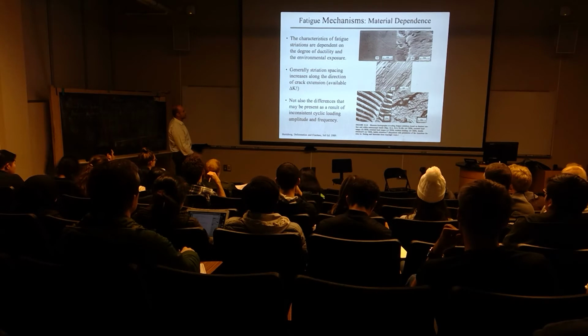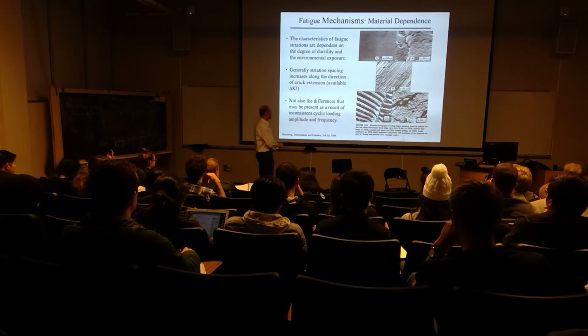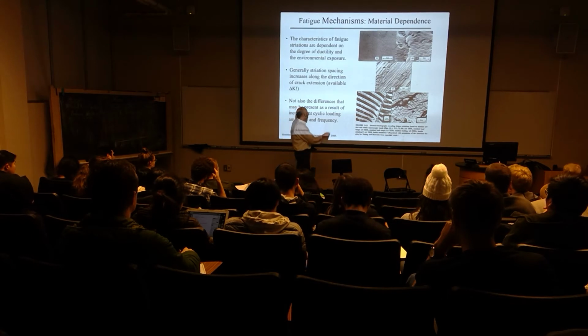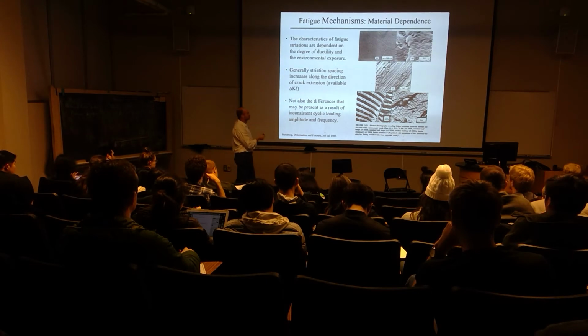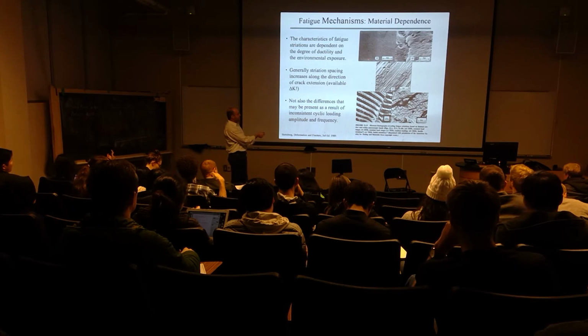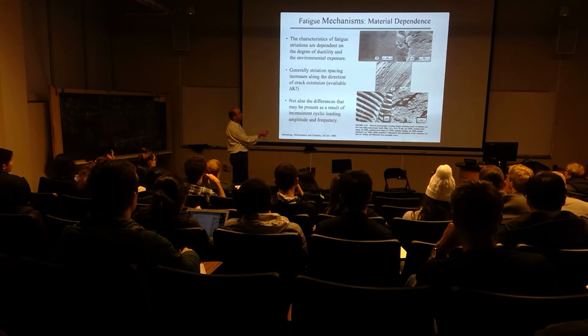So here is a great example of different characteristics of striations. This is actually from Hertzberg's textbook. These are both electron micrographs, by transmission electron microscopy and also scanning electron microscopy. So A, you'll see it says TEM of a constant load range. And so you'll see the striation spacing in here is actually very constant along the whole length of that process.